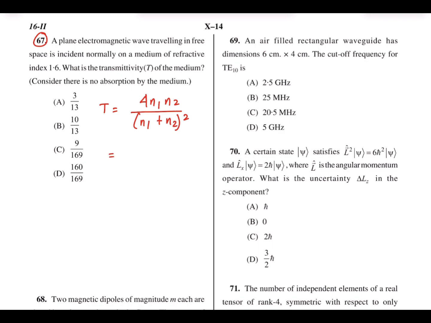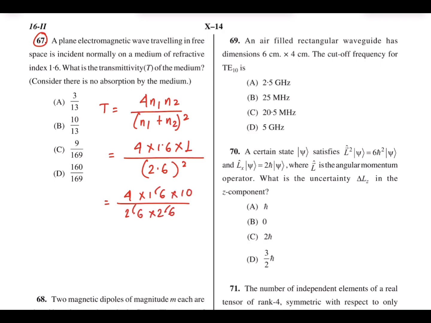So let us put that: 4 into 1.6 into 1 divided by 2.6 whole squared. Simplifying, 4 into 1.6 divided by 2.6 times 2.6, and if you calculate that, this would be 160 divided by 169. So option D is the correct answer.